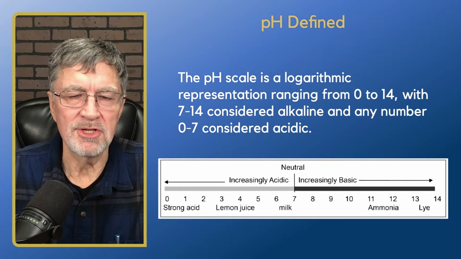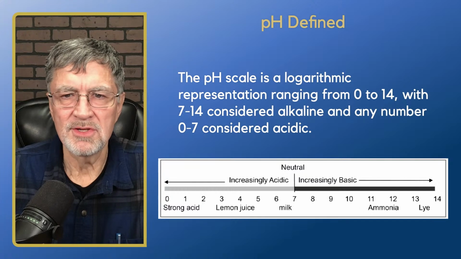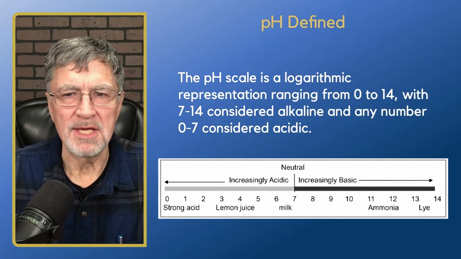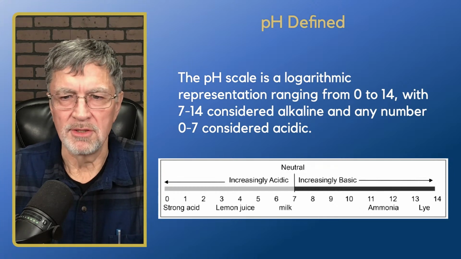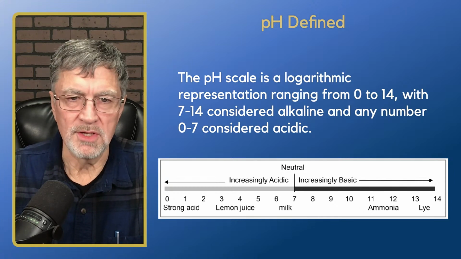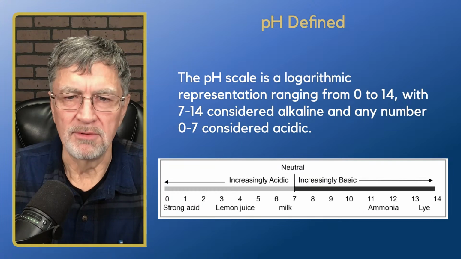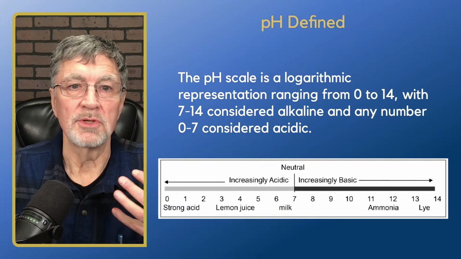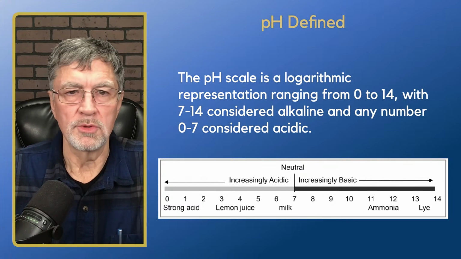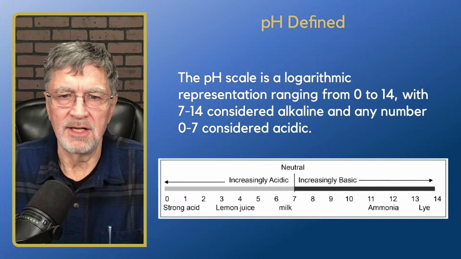Getting into the definition, it's important to understand that pH is a logarithmic scale. So if you go from a pH of 7 to 6, becoming more acidic, that's actually a jump of 10. So 7 to 5 is 100. It's not just arithmetic, it is logarithmic.